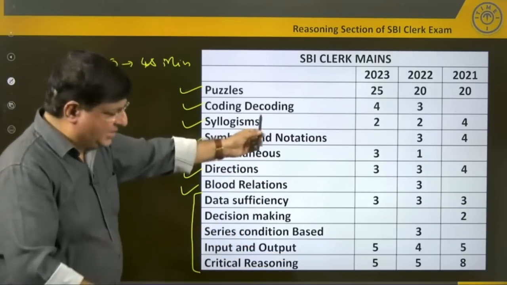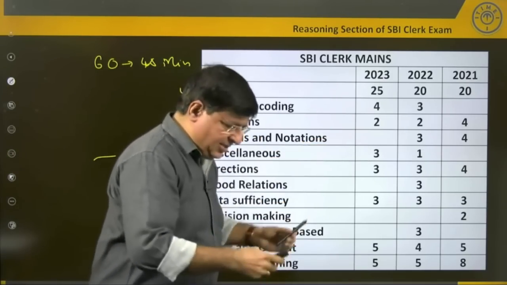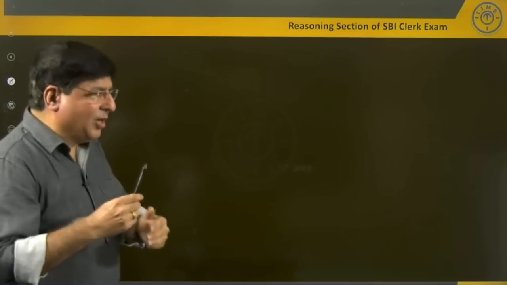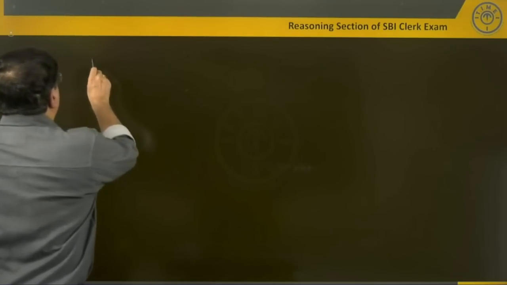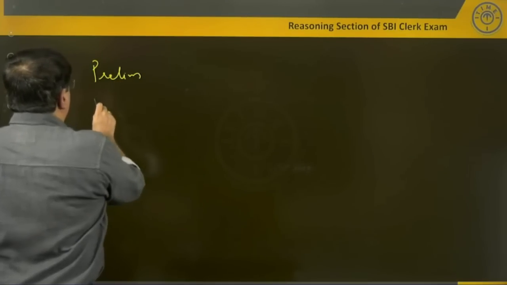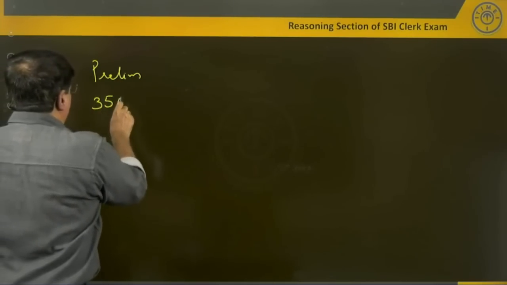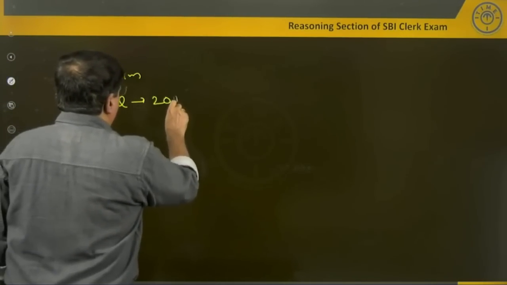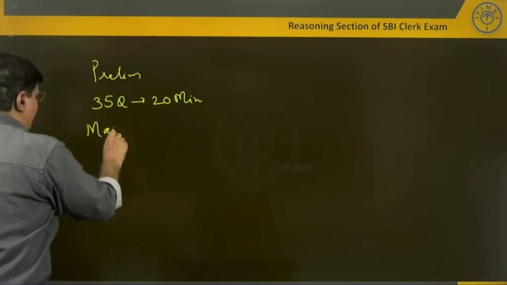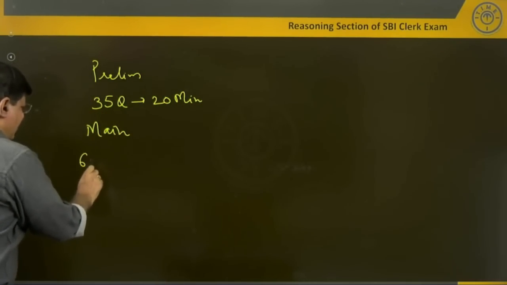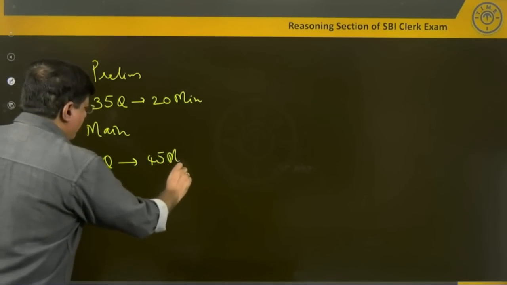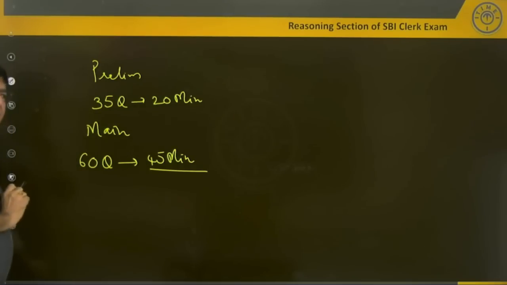Okay, so let us understand this mains section analysis in a little more detail. Your prelim exam, let us say, you have 35 questions to be completed in 20 minutes, and in your main exam, you have 60 questions to be completed in 45 minutes.